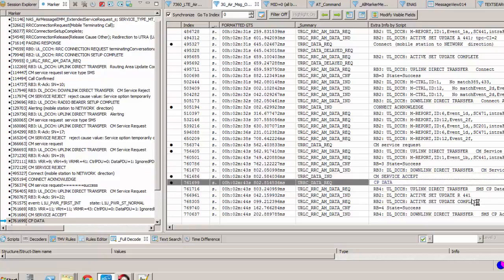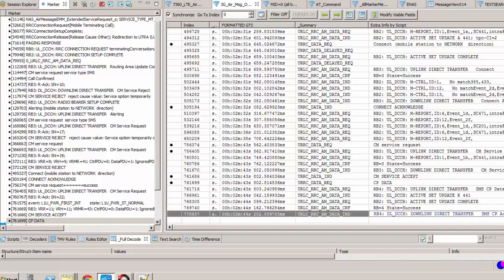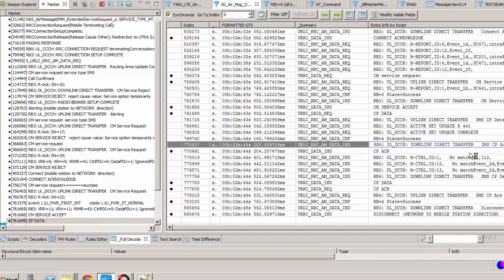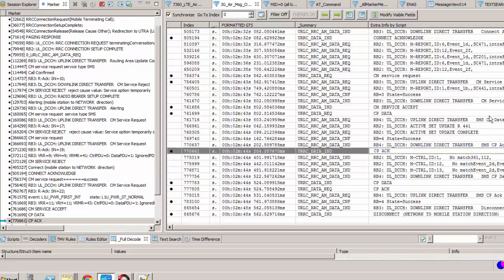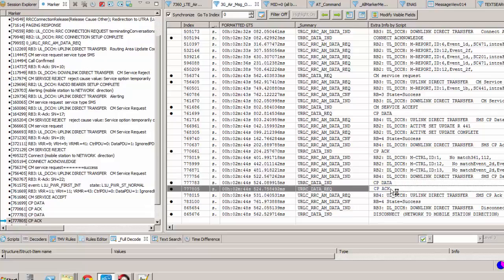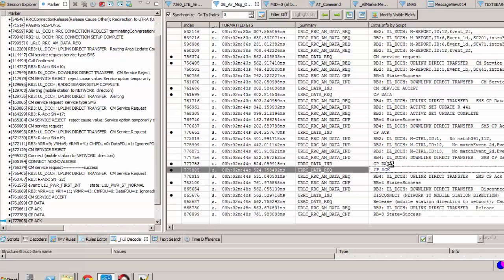CP data, CP ACK, this is the flow of the SMS. CP data is sent by the UE to the network, the network sends the CP ACK, again the network sends CP data, and the UE sends the CP ACK. This process is completed, and RP is happening in RV4.